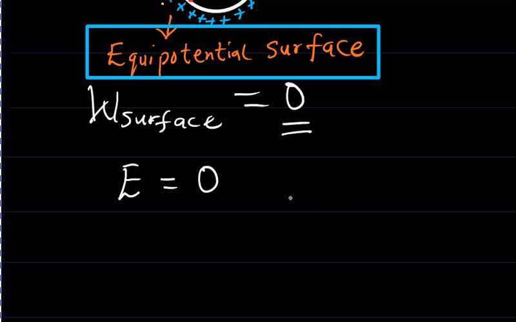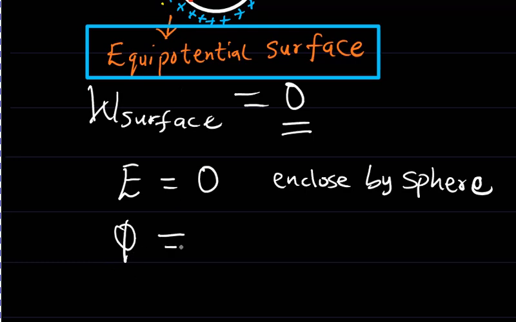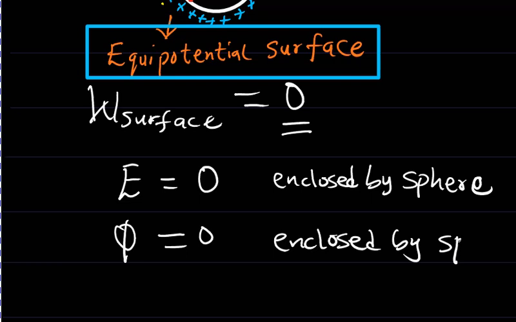So the electric field enclosed by a sphere is equal to 0. Then the electric flux inside the sphere is also equal to 0. Please take note of this.